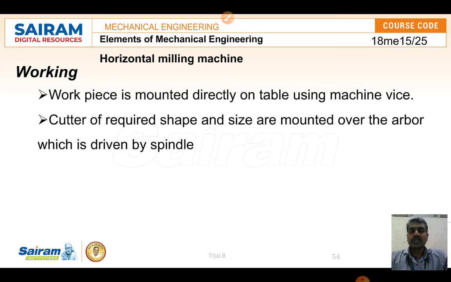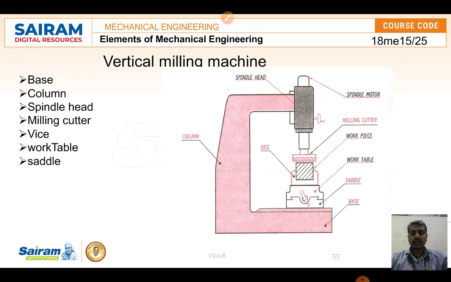The workpiece is held with the help of a machine vise, and the shape to be removed is cut using the cutter. The cutter used for removing the material is kept on the arbor, and the arbor is driven by the spindle. That is how the horizontal machine works, with the cutter rotating in the horizontal manner.